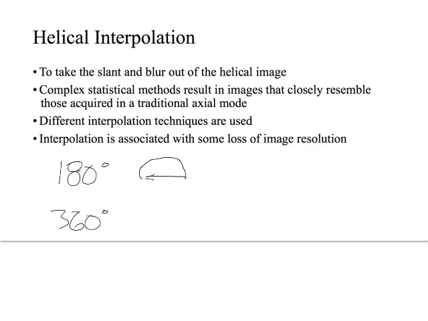So if you look, that's less data, so the interpolation will be more accurate. Versus 360 degrees, the tube is going to travel 360 degrees, but it travels in a spiral, right? So now we've got to interpolate all of this. And as you can imagine, that's going to result in some decrease in image sensitivity. That's really all you need to know about it. That's as in-depth as we need to get on that. Any questions about that? So don't let that big fancy word scare you.